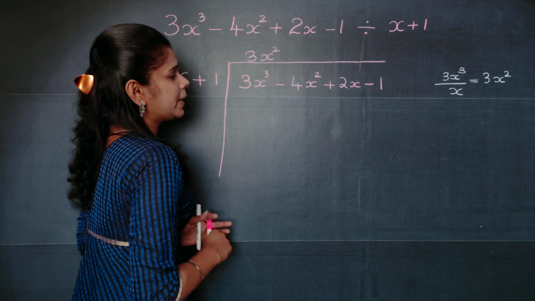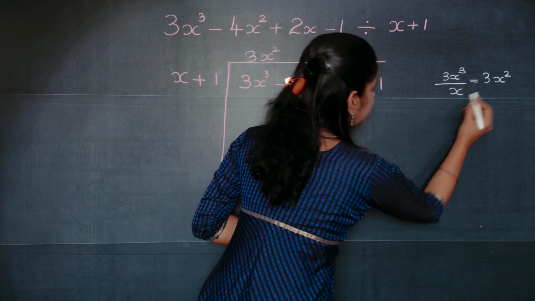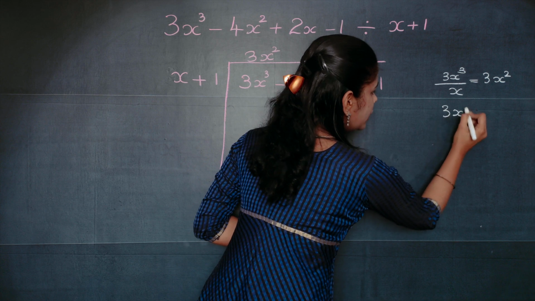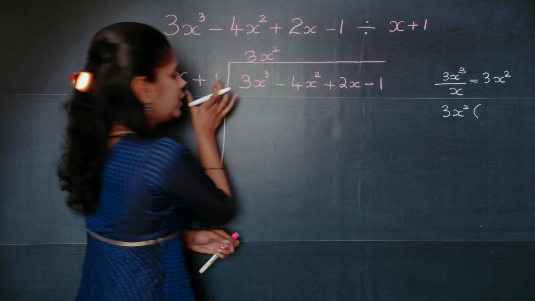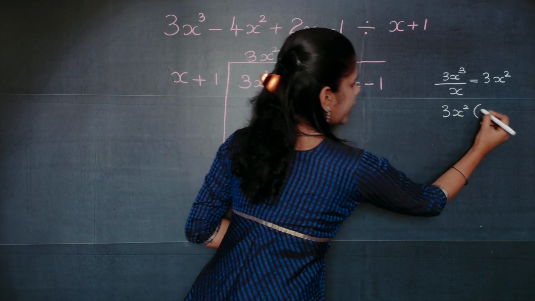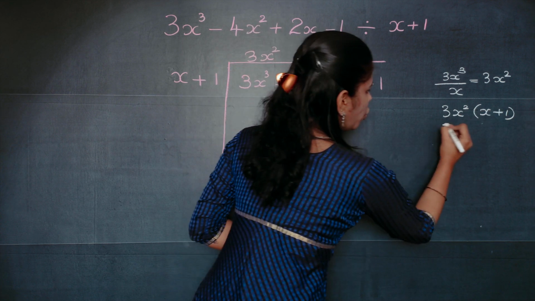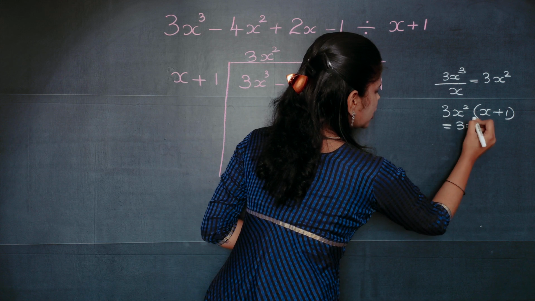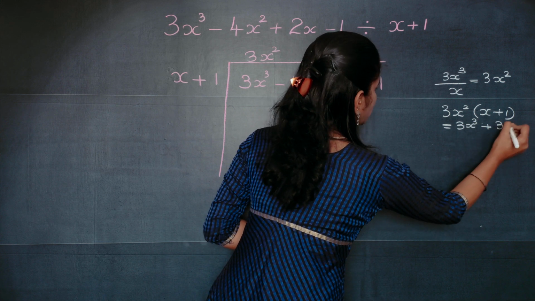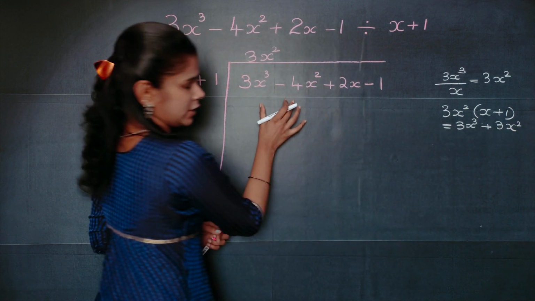Now the next step is that you need to multiply this 3x square into the divisor, that is x plus 1. Now you should open the bracket. When you open the bracket, you will get 3x cube plus 3x square. That you will write here.